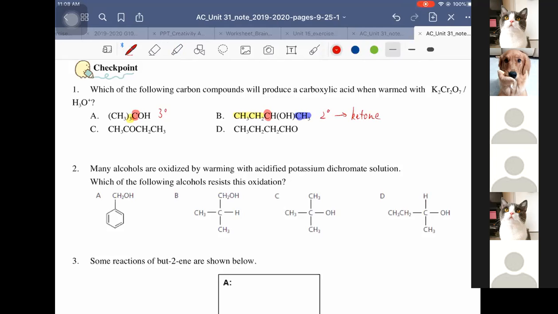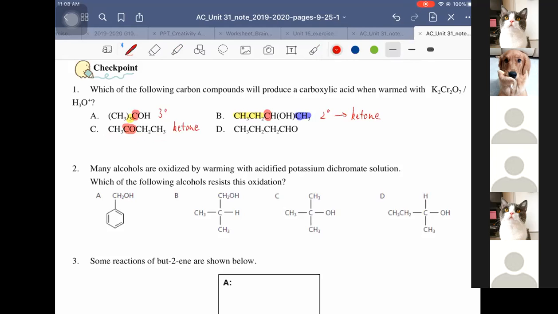How about C? Again, we do the same. Find the carbon with the hydroxyl group. In this case, you cannot find any hydroxyl group, but we can find a carbonyl group. You can find a C double bond O group here. Because it's in the middle of the carbon chain, this molecule is a ketone.